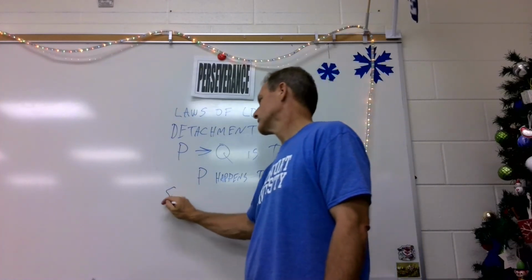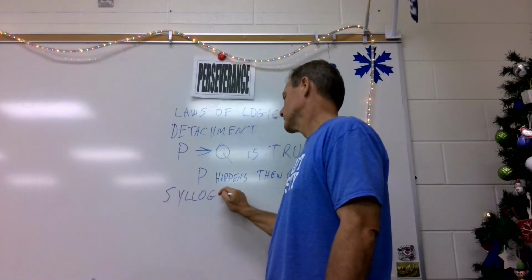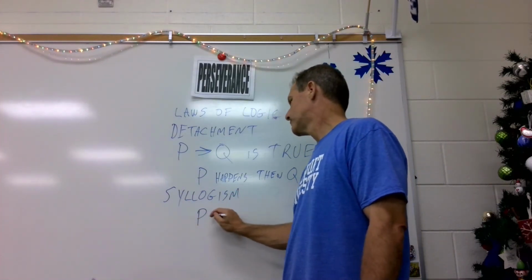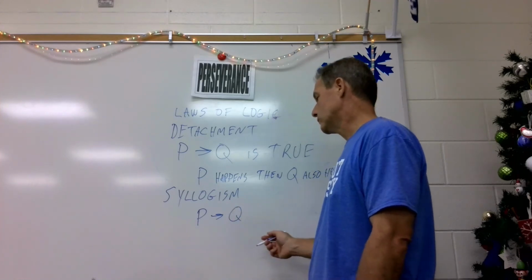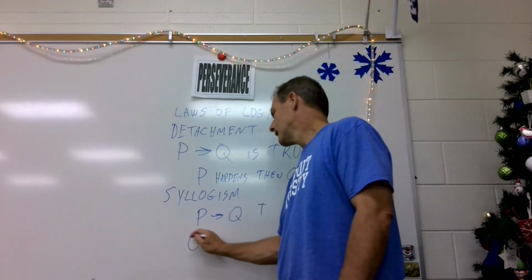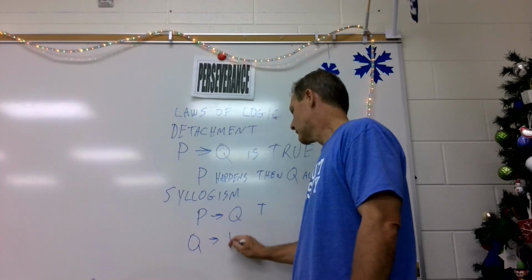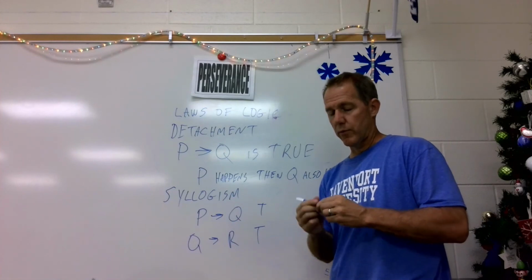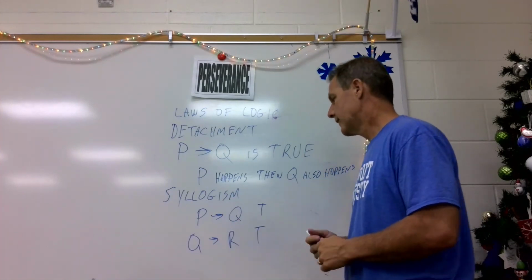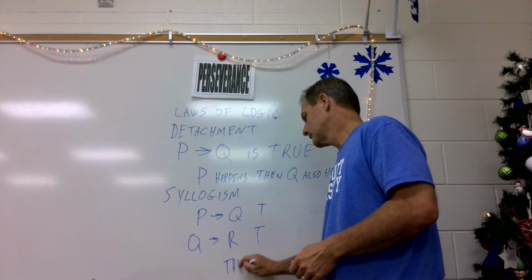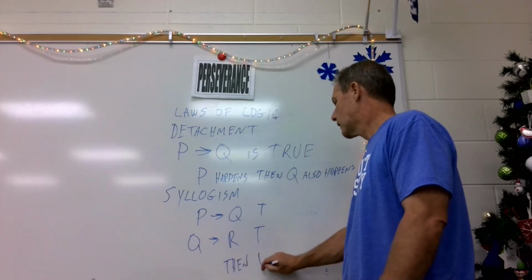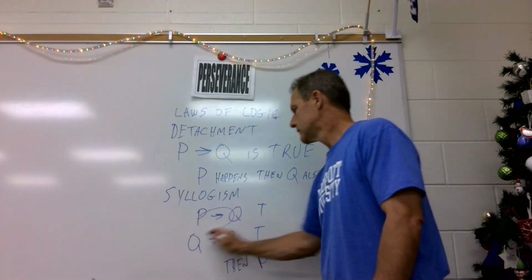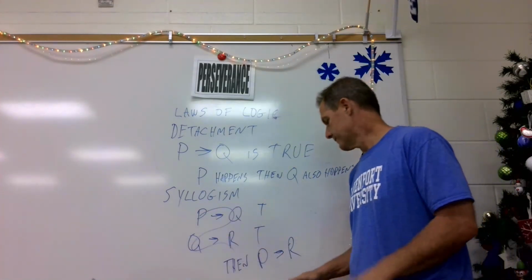And then there's something called, and this one's kind of weird sounding, syllogism. The law of syllogism basically says this: if P implies Q is true, and Q implies R is true, and these P's and Q's and R's are just random letters to represent something, then the law of syllogism says that I can go all the way to here, that I can kind of snake through those statements, okay?